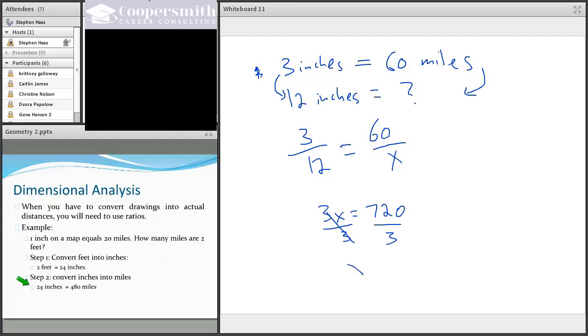I think so, yeah. Okay. And there's your answer. So in order to scale dimensions, what you really need to do is increase the size proportionally.